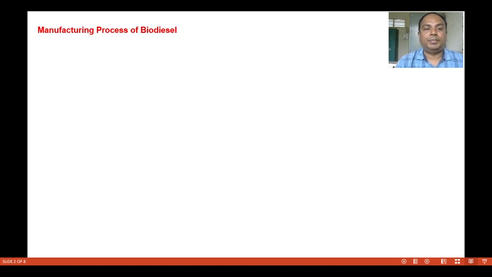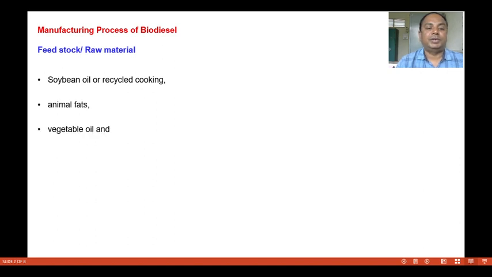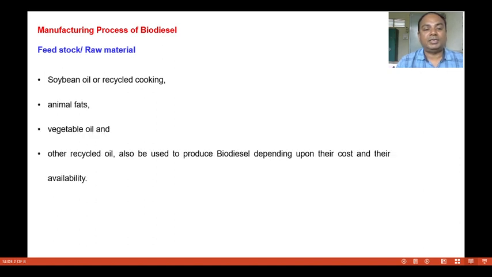So first of all, in the manufacturing process, we have to see the feedstock or the raw material that is required for the manufacture of biodiesel. The first feedstock that we use is soybean oil, or recycled oil, or animal fats can be used. Vegetable oil as well as any other recycled oil can also be used as a raw material.